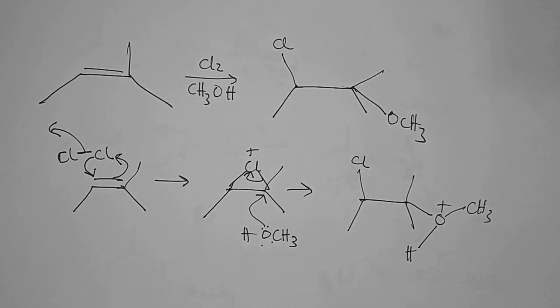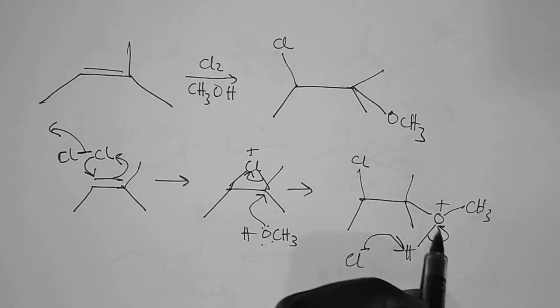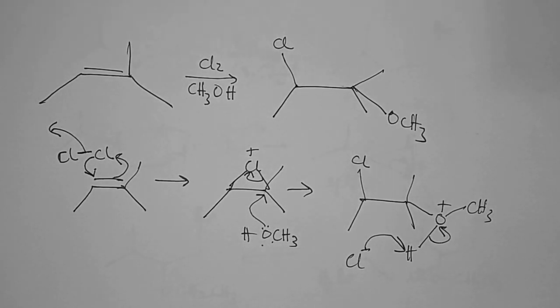So there will be a plus here. And then the chloride that was cleaved off will pick up this proton, causing this to return here. And that will give us our final product.